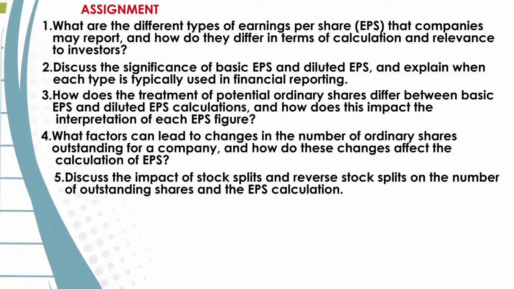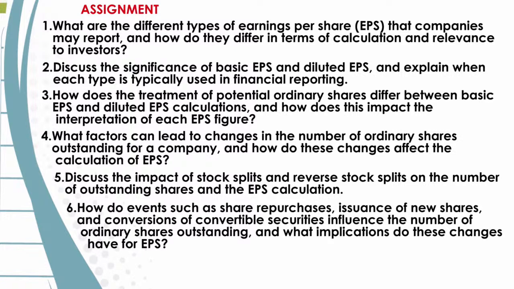The last question: how do events such as share repurchase, issuance of new shares, and conversion of convertible securities influence the number of ordinary shares outstanding, and what implication do these changes have for EPS?